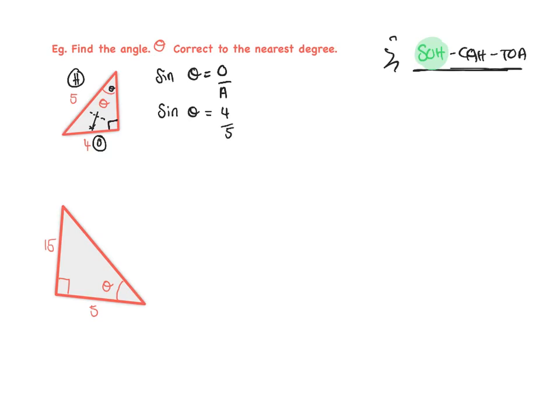Like what we did the other day, we want to move this over here. Because we just want to know the angle, when you move it over the equals, you have to use the inverse. So sine -1 4/5. You're going to have to type that into your calculator.